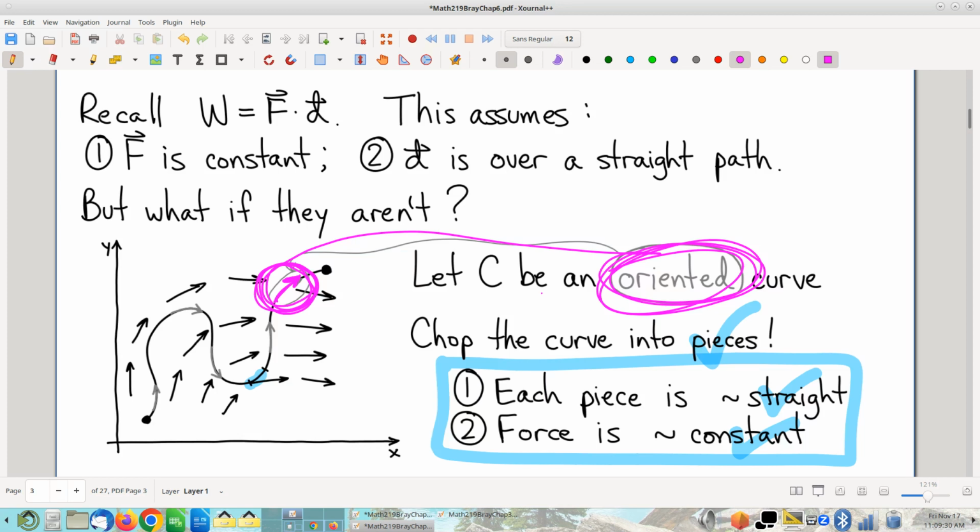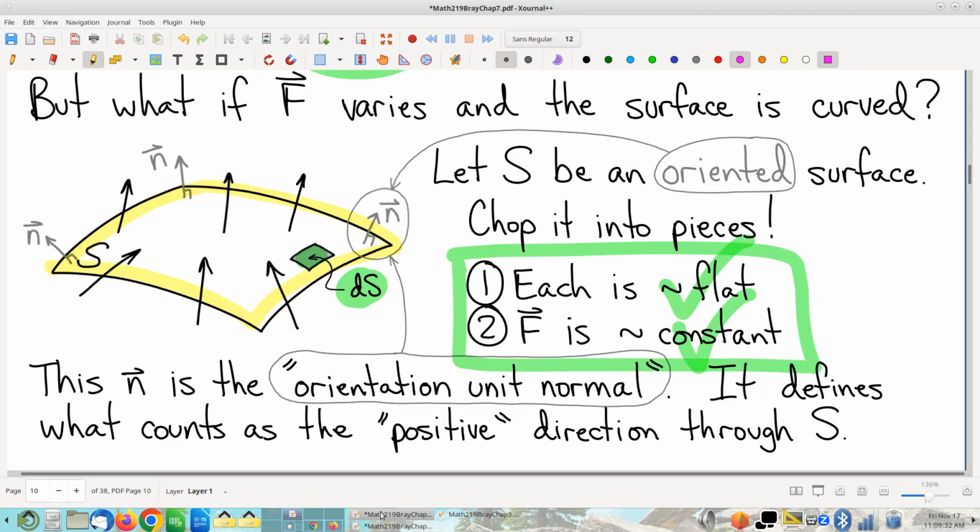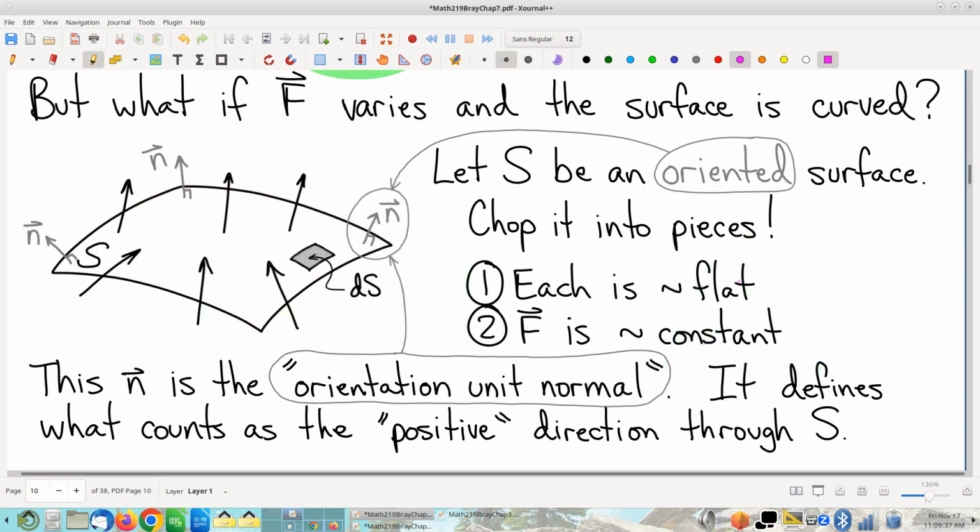So we have to do the same thing over here, talking about surface integrals. If I say that I want to compute the amount of flux through this surface, well, which direction am I interested in? Am I interested in, as I am indicating here with these unit normals, the amount that the fluid is flowing, what you might call upward through this surface? In other words, as I have it drawn, would this be considered positive flux? Or, perfectly reasonably, there's nothing magic about upward.